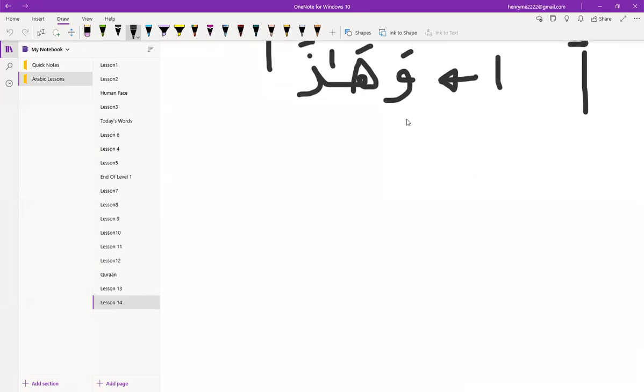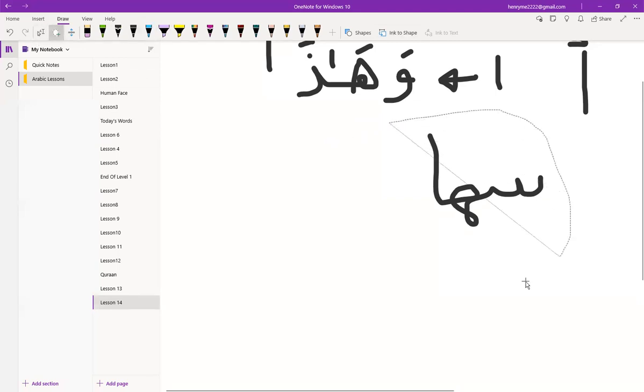And this wahada, you will see it a lot in the Quran. And there is another word also that you will see in the Quran. I'll have to repeat it. The ha didn't come right, so let me just delete this.